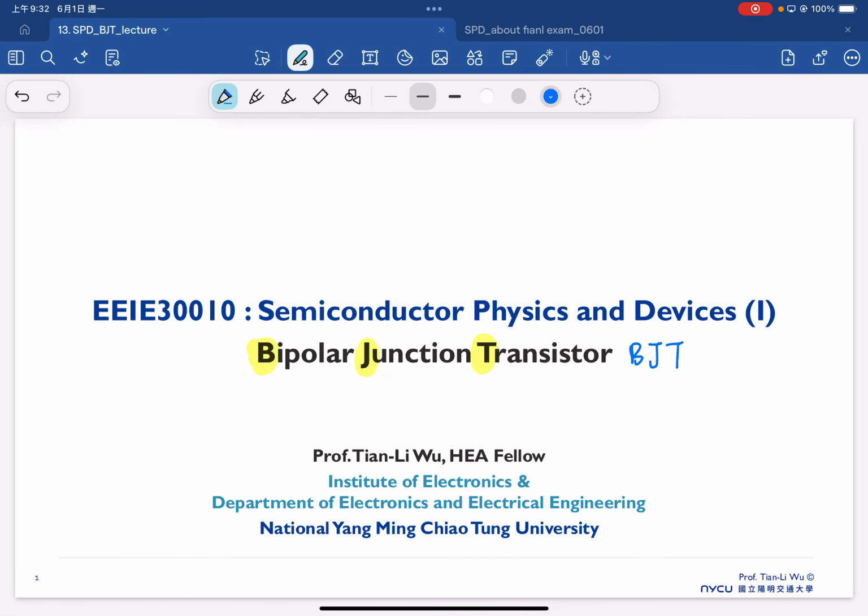That means this is a structure that involves both electrons and holes as carriers, a structure that combines both kinds of PN junction together. That we call a bipolar junction transistor.